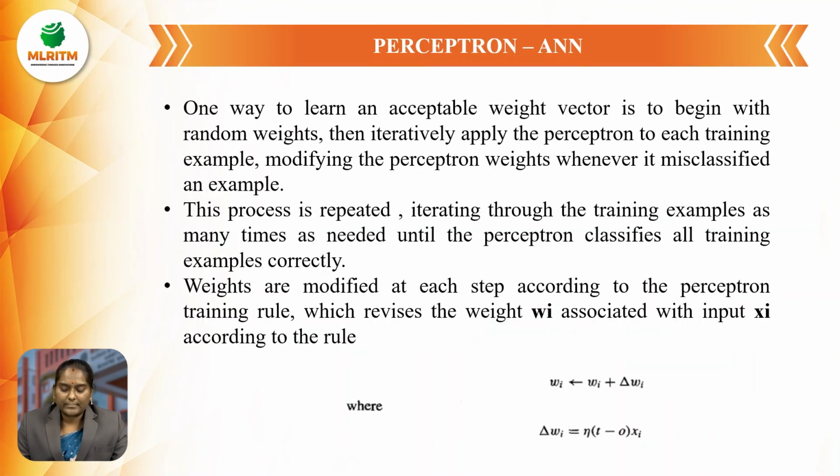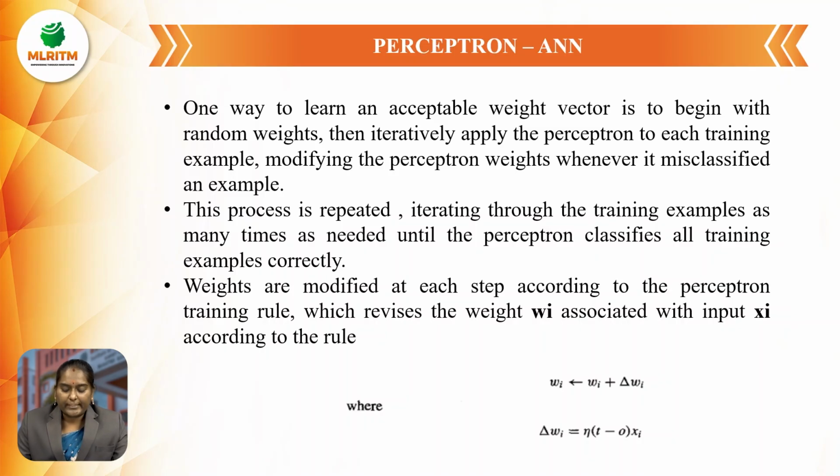One way to learn an acceptable weight vector is to begin with random weights, then iteratively apply the perceptron to each training example, modifying the perceptron weights whenever it misclassifies an example. This process is repeated, iterating through the training examples as many times as needed until the perceptron classifies all training examples correctly.